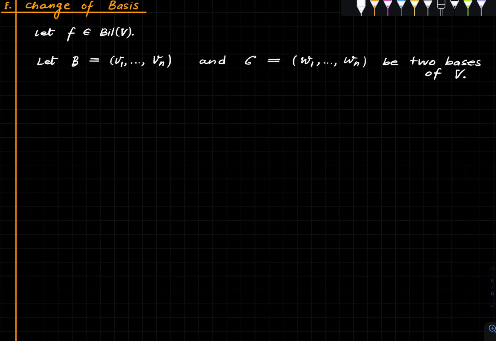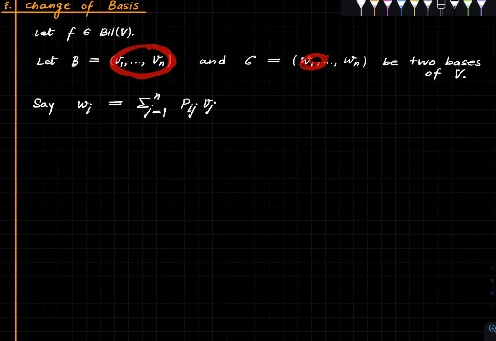So let's say Wi is summation j equals 1 to n Pij Vj. So each vector here, of course, can be expressed as a linear combination of these vectors.